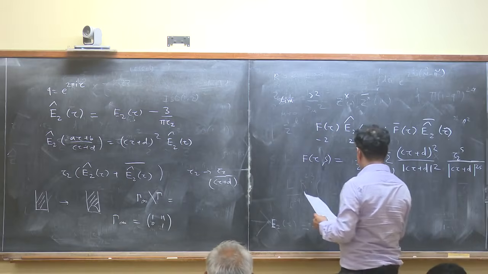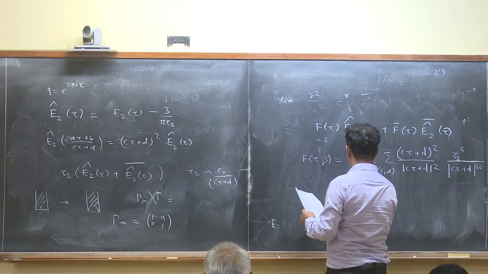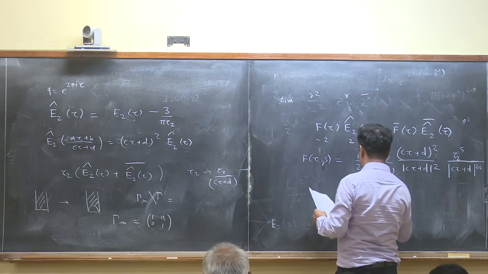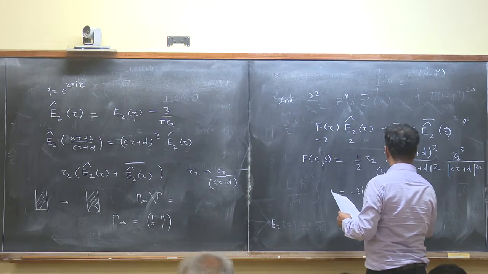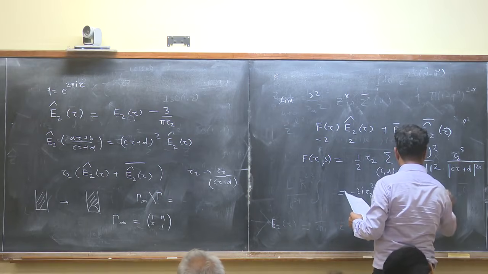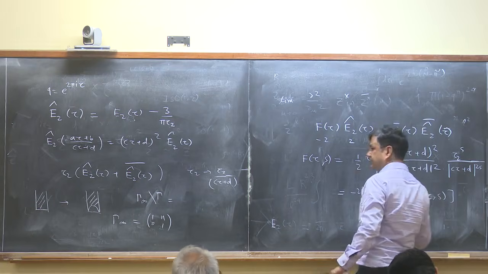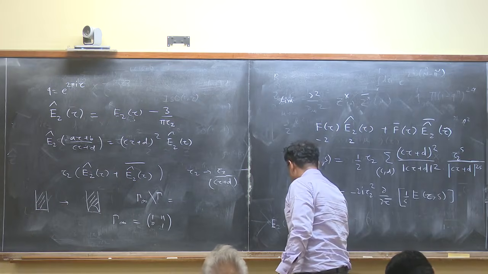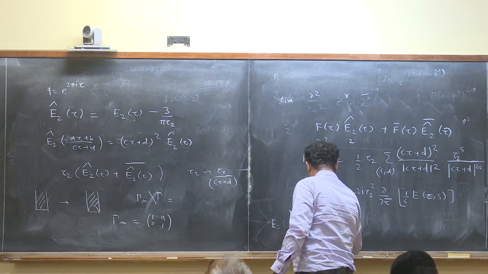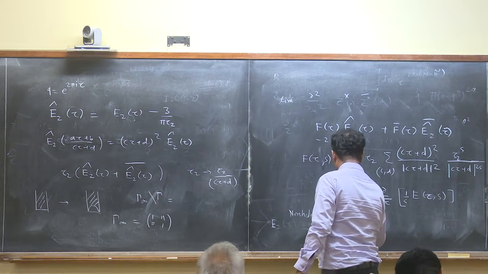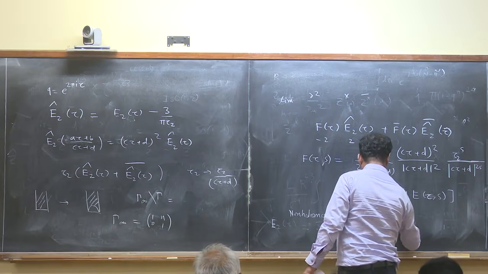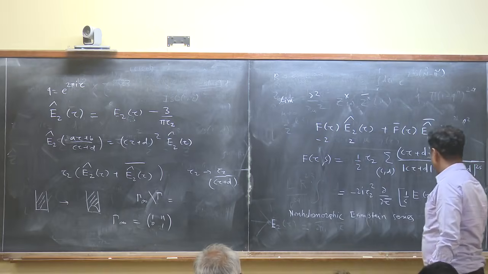So if you do that, this can be written as minus 2i tau 2 squared del by del tau bar of 1 upon S E(tau, S), where E(tau, S) is known as the non-holomorphic Eisenstein series, which has modular weight 0.